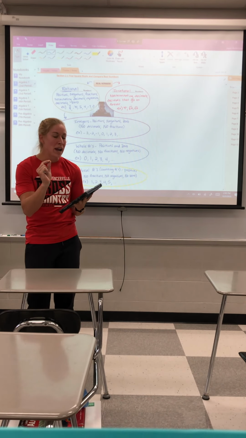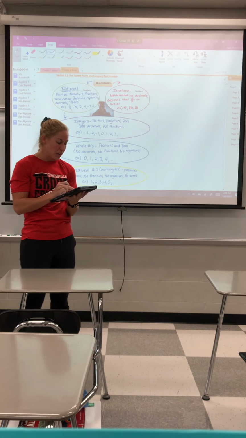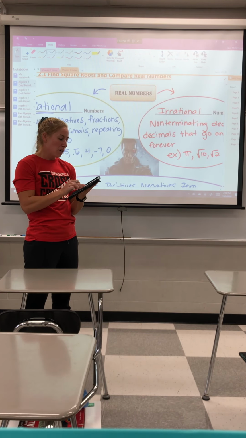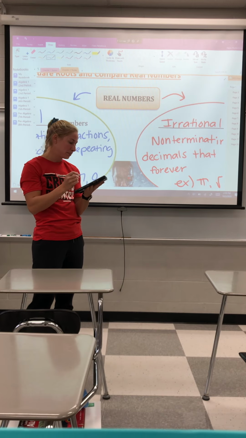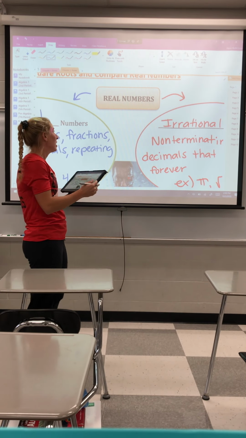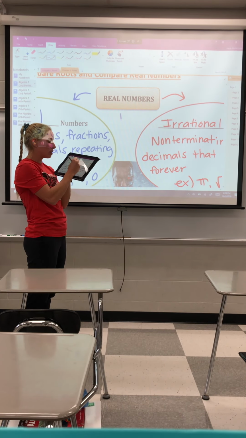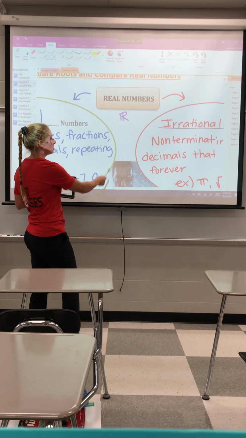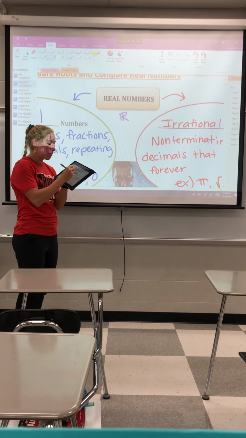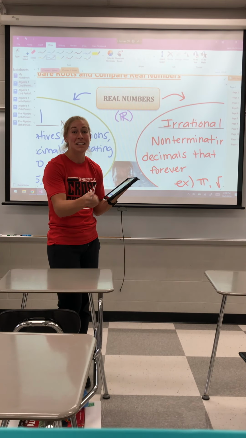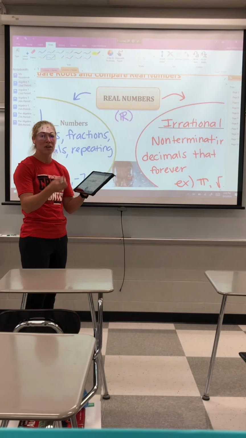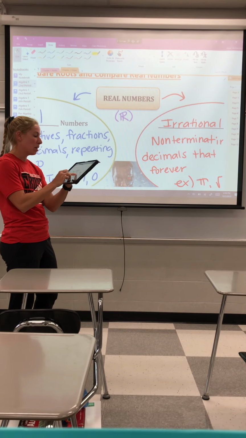There's also a shorthand, an abbreviation that we use for these. If we're talking about real numbers, let me use purple. The shorthand for real numbers is a fancy R, just with 2 lines to it. If I ask you to list out what type of number something is, you can use the fancy R to say that it's real.